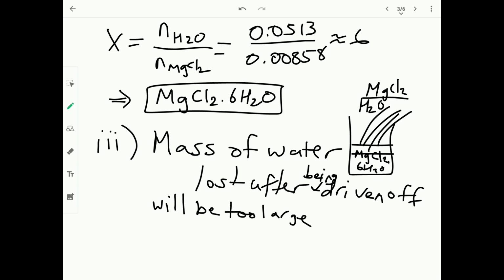Let me just clarify here, calculated mass, because we will assume that only H2O was lost, when in reality MgCl2 was also lost. That is why the calculated mass of water lost after being driven off will be too large, because we will have no way of knowing how much MgCl2 was lost when that student carelessly lost some of the solution.